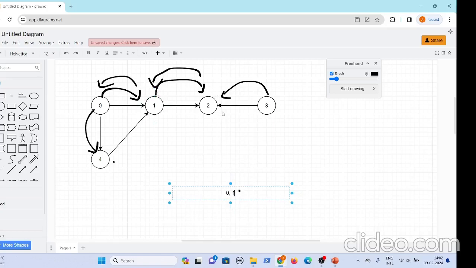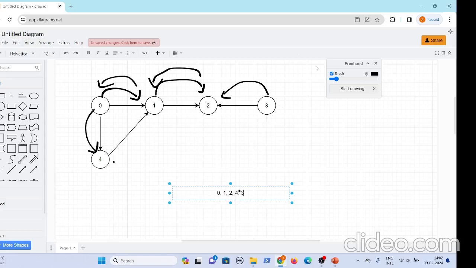Then I go to 2 and print 2. From 2 there are no ways, there is no edge, right? So I'll trace back. From 0, I can go to 4. Then from 4, since 1 is already visited, I will not print 1. Then are there any vertices that are not visited? Yes, 3 is not visited. So this is the DFS order.